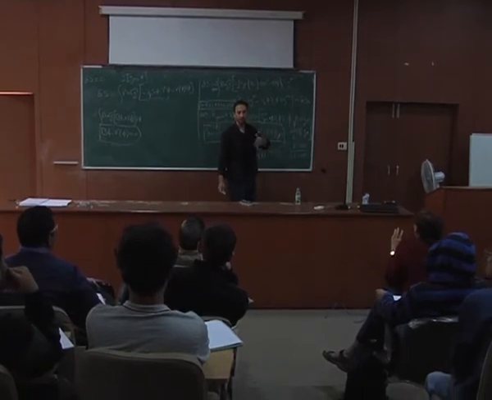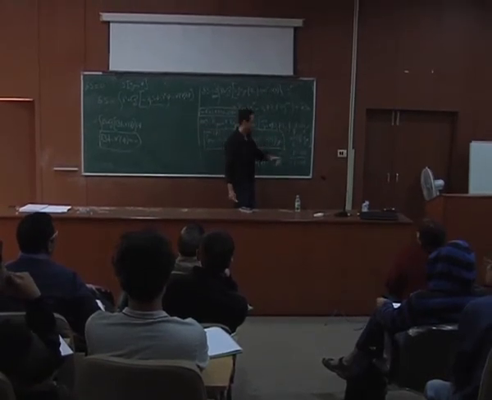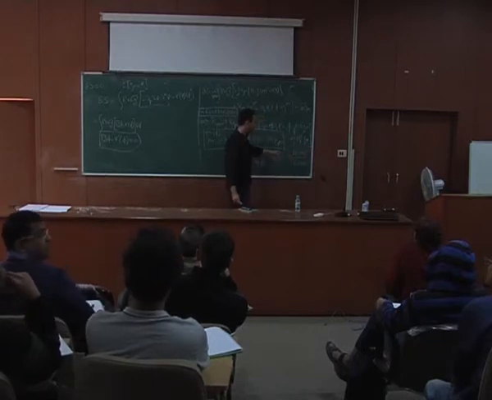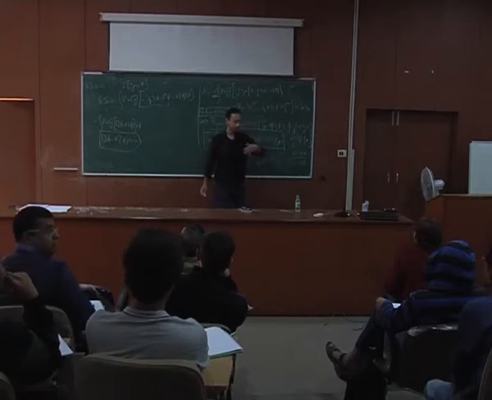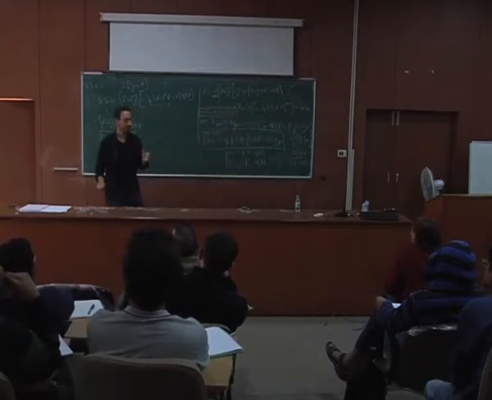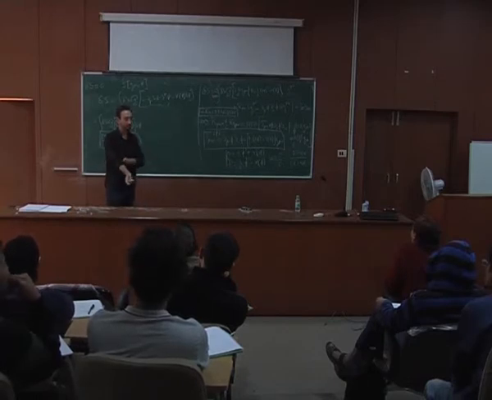We can interpret it as a kinetic energy, and V will be the potential energy. But phi dot is just the evolution of the scalar field. It depends on time, so it's the variation in time.